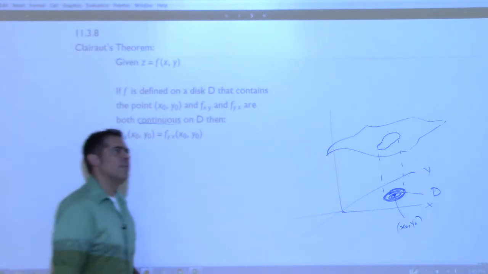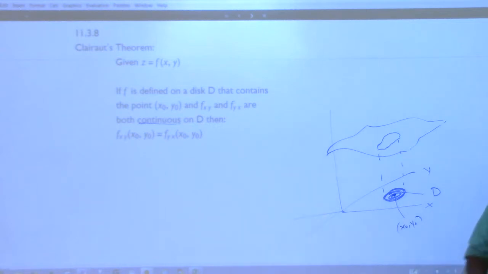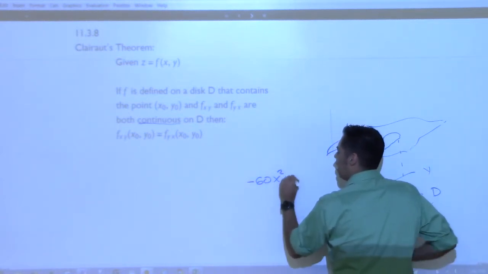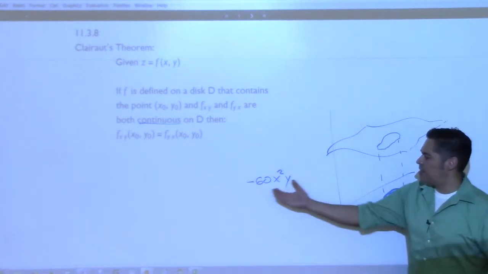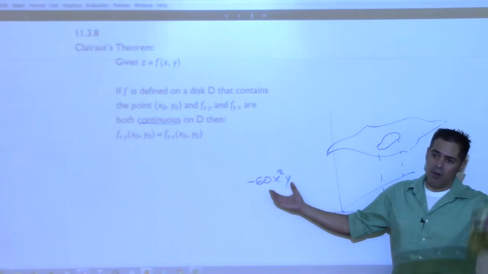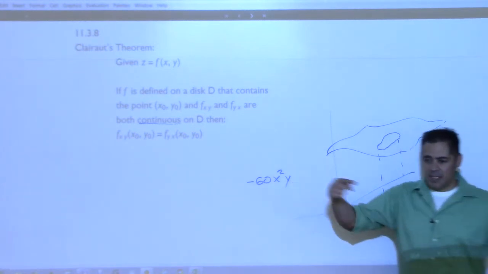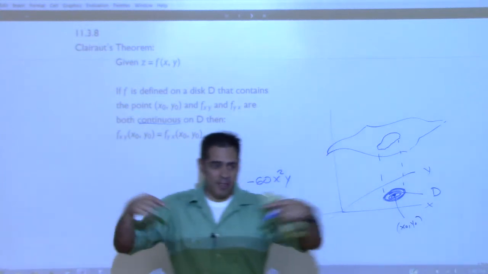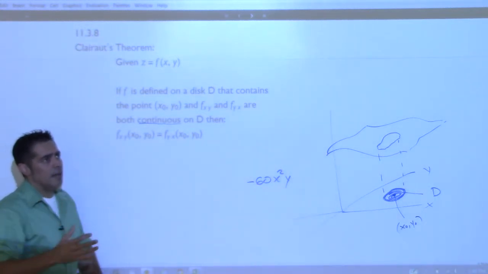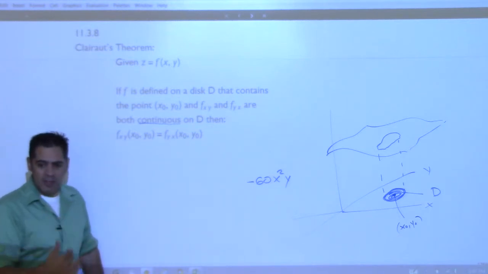So what were the second partials in the previous problem? f_xy and f_yx. It was negative 60x squared y. If we ask ourselves, is this continuous? Then you have to go back to a theorem I showed you a while back when we were talking about limits. We knew that limits of surfaces were hard to do, but I showed you that we can talk about continuity and that all polynomials are continuous.